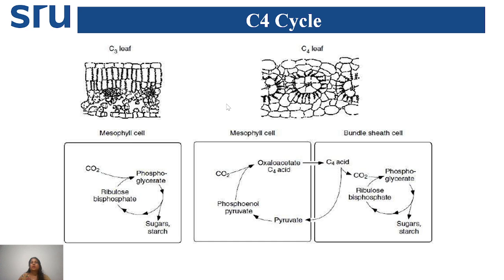So what is the use of this? This enzyme rubisco has a characteristic that it will accept oxygen as well as carbon dioxide. If it accepts carbon dioxide, it produces 2 phosphoglycerate. Instead of carbon dioxide, if rubisco accepts oxygen, what happens?